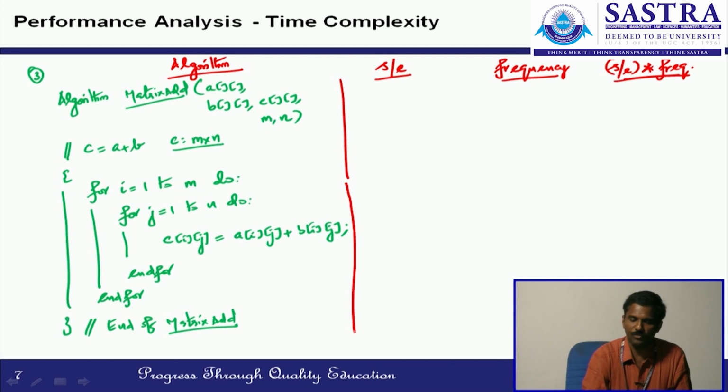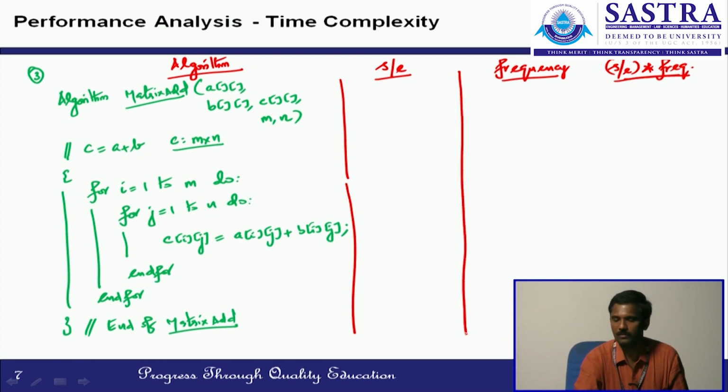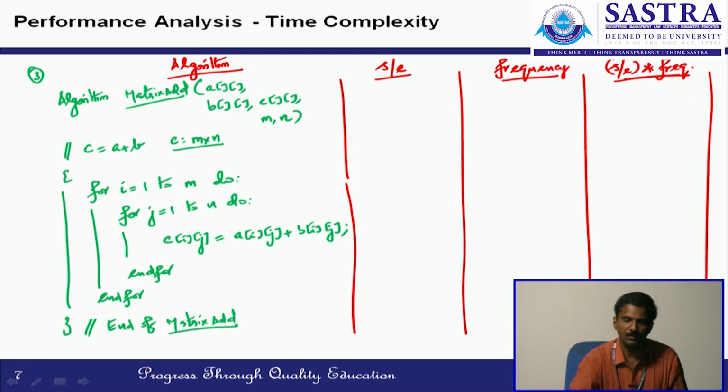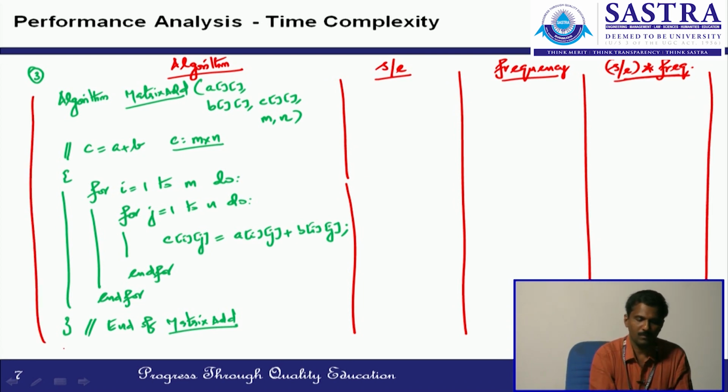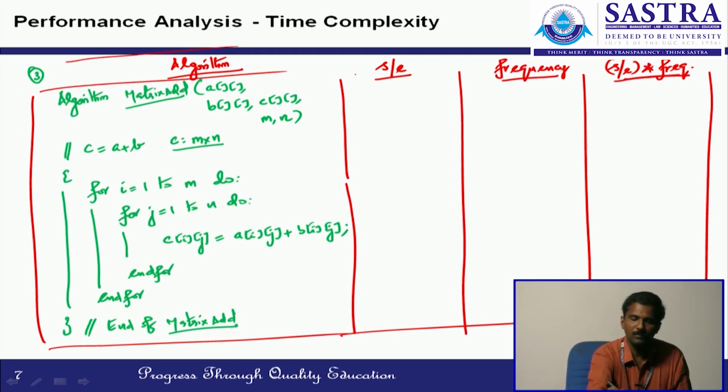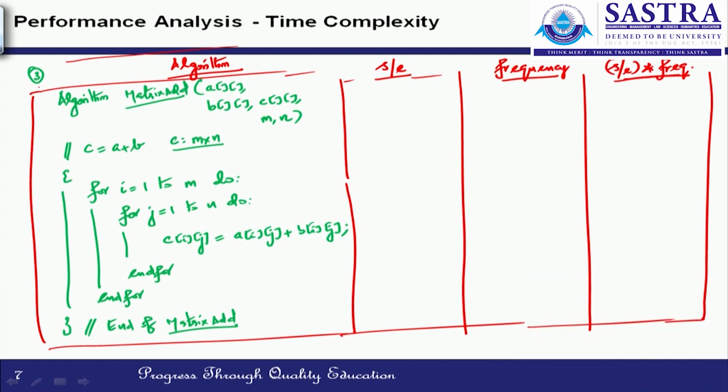Constructing the columns, now consider the first line, algorithm matrix add A array, B array, C array, m comma n.